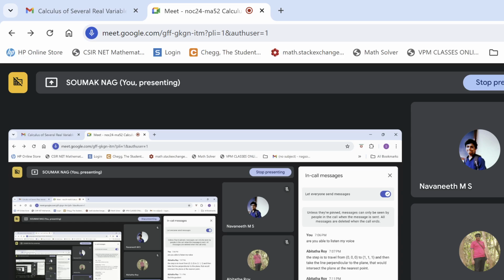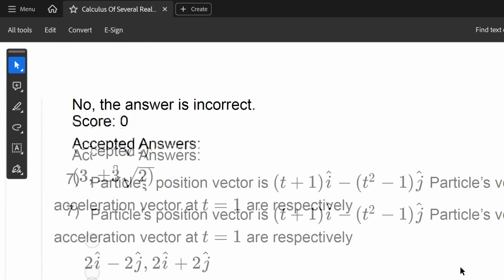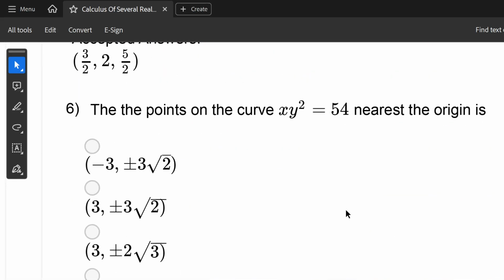Okay. So I will move to the next one, but first, if you see carefully, I will tell you one thing. In that question, x y square equal to 54, here it is in the 2D plane, not in 3D.